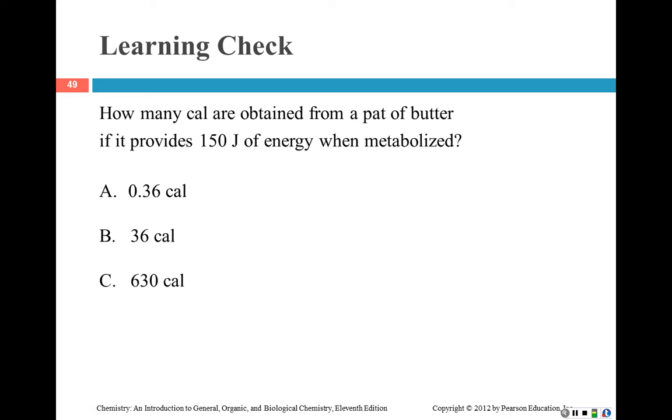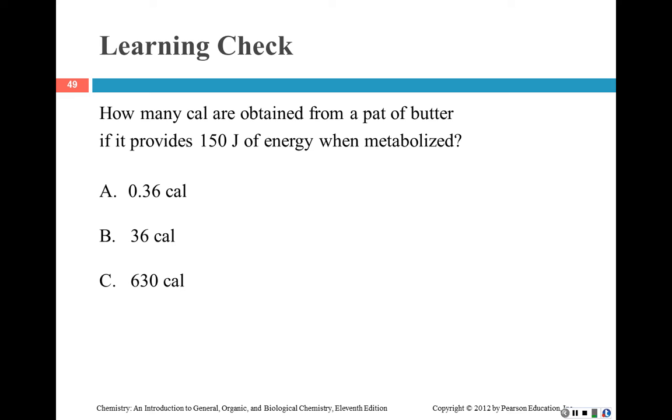How many calories are obtained from a pat of butter if it provides 150 joules of energy? So remember, to work these problems, first we're going to see what we are given. And we're given what? 150 joules of energy. So that's what we would start with.